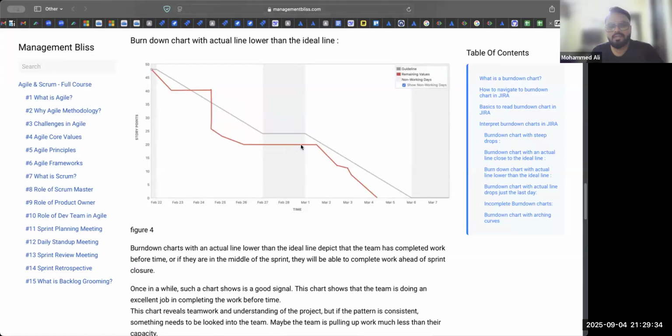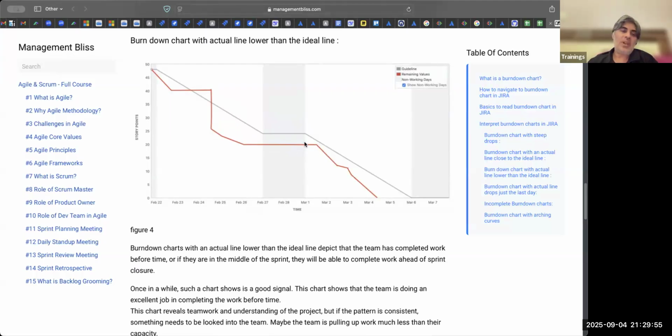And there's an option, I think these days you can exclude non-working days also. But that will be a very small thing. But if it's a huge horizontal line, a very large one, then that definitely means either they are not closing stories or there are some blockers.